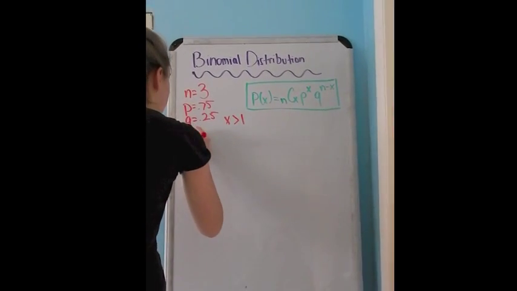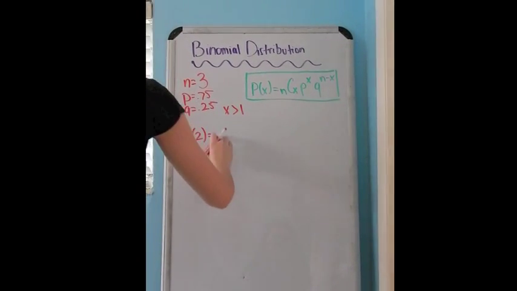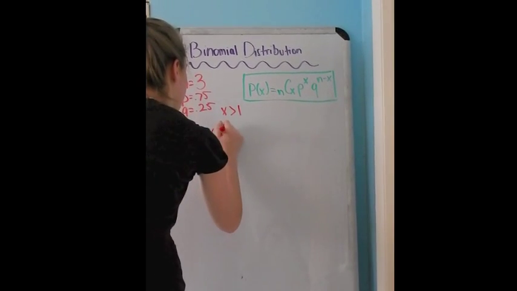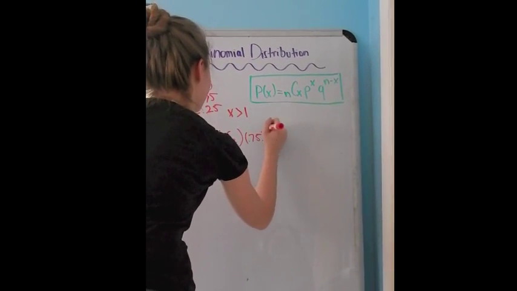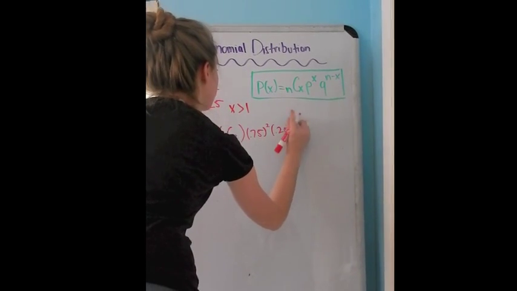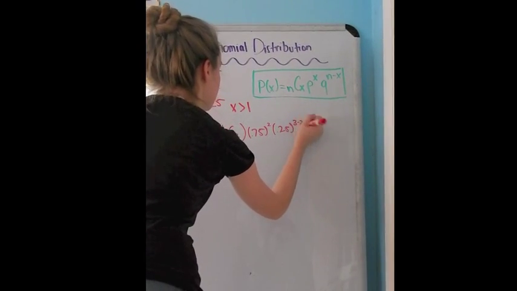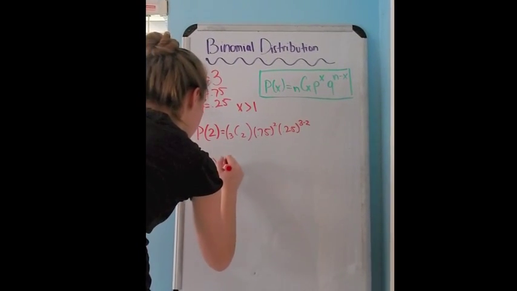Now, if the same question were to ask what the probability of more than one student passing the exam on the first try was, we would need to calculate the probability of 2 students and 3 students passing and add the sums together. So for 2 students passing, the formula is 3 combination 2, 0.75 to the second power, 0.25 to the first power.